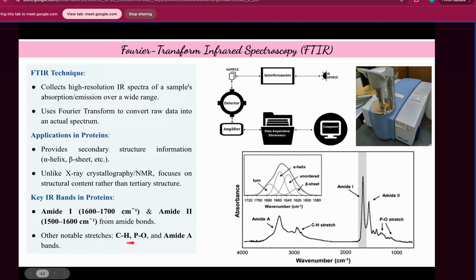Other notable stretches are CH, PO, and amide A bands. In this plot you can see that for different types of secondary structure, we have different wave numbers. So with the use of Fourier transform infrared spectroscopy, you can identify what type of secondary structure is present. And it enhances the signal intensity from IR, so that's why it is more commonly used. In case of proteins, we focus on the amide 1 and amide 2 bands.